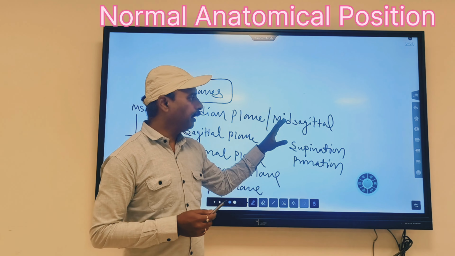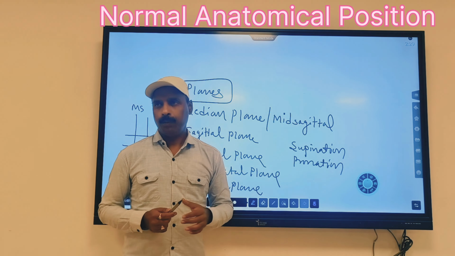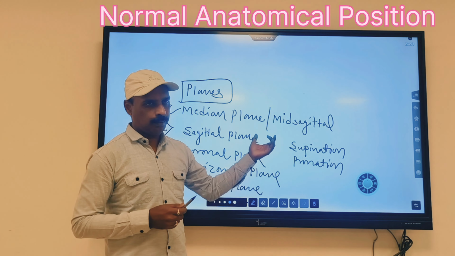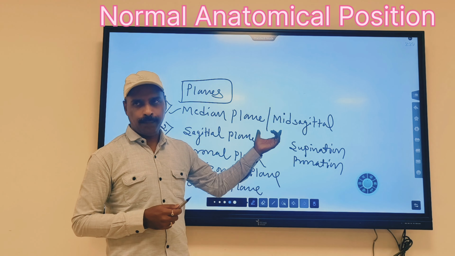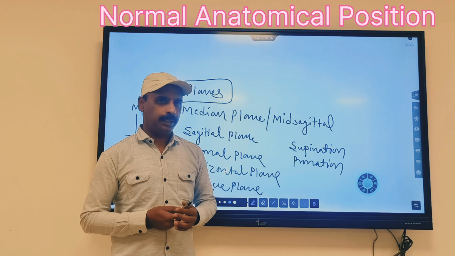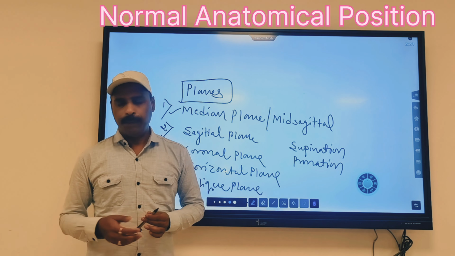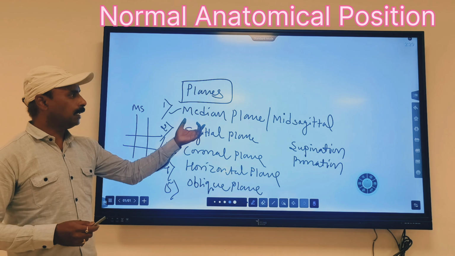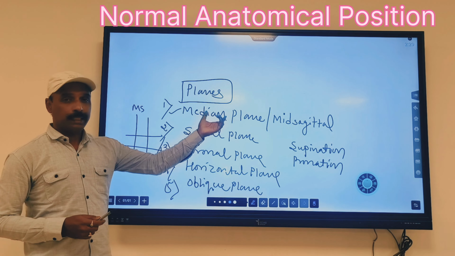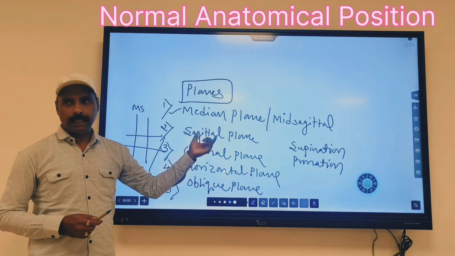All this will be included as a short topic, the anatomical planes and anatomical positions. They are very important and commonly asked, but should not be confused with the sagittal and median plane. Mid-sagittal is different and sagittal is different.